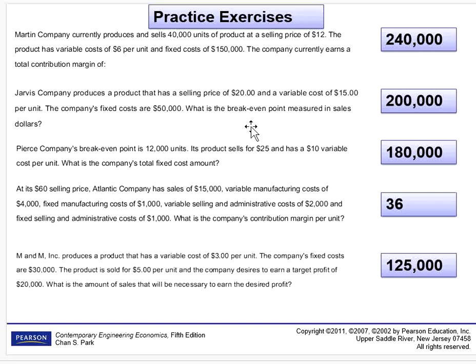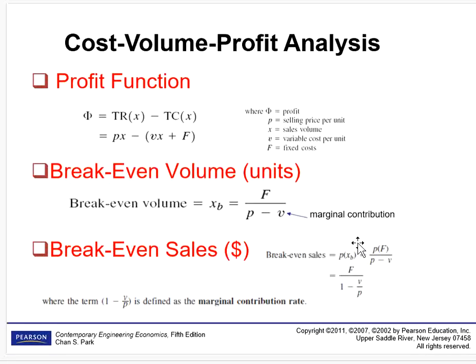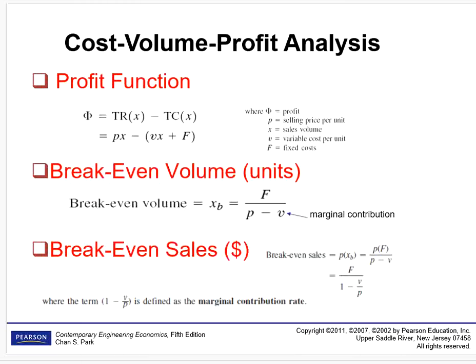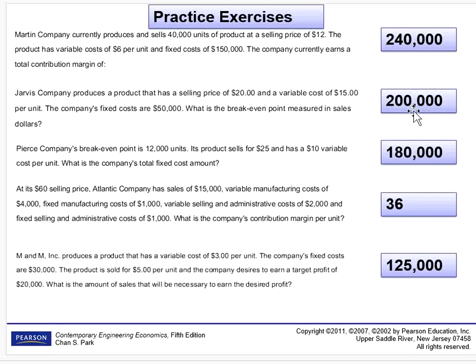If you know that it is 10,000, multiply by 20, P, right, using the same formula. In terms of P times this XB, which you calculated already. P is 20, this XB we just calculated. So 10,000 multiplied by 20, so 200,000 is the break even point here. This is the answer.